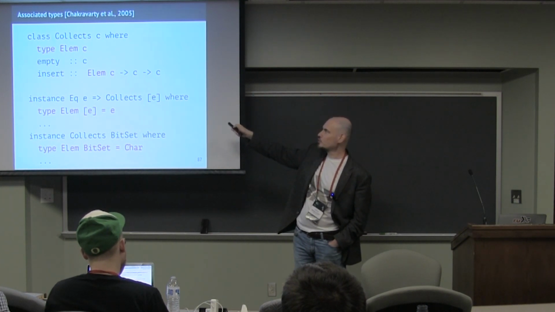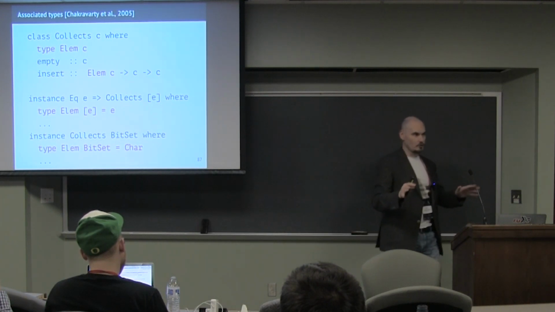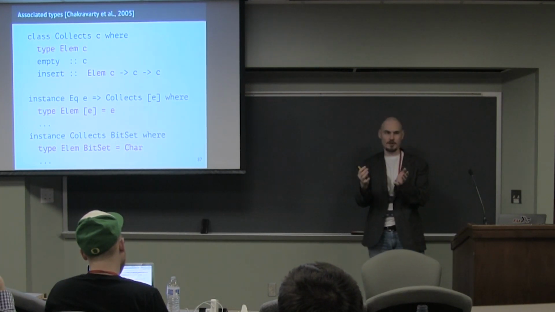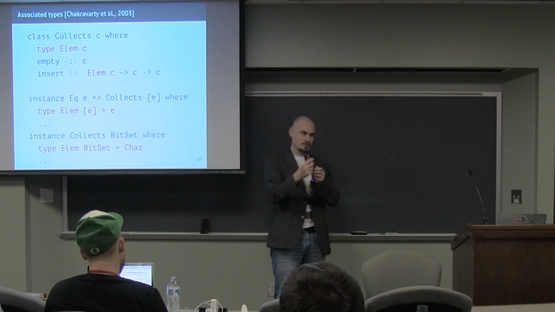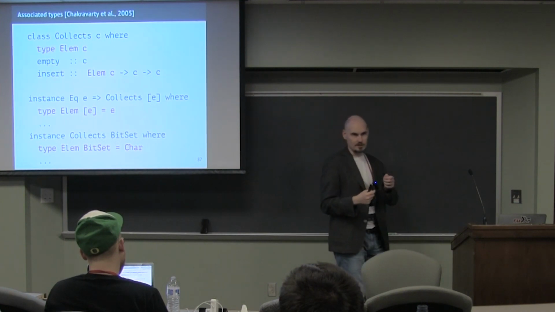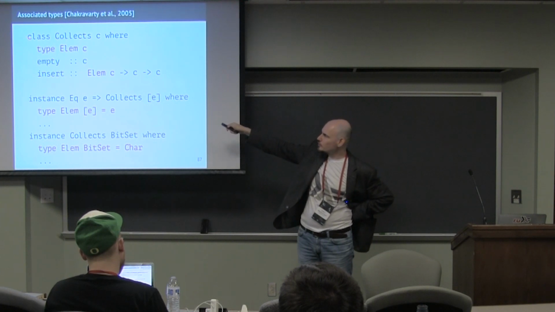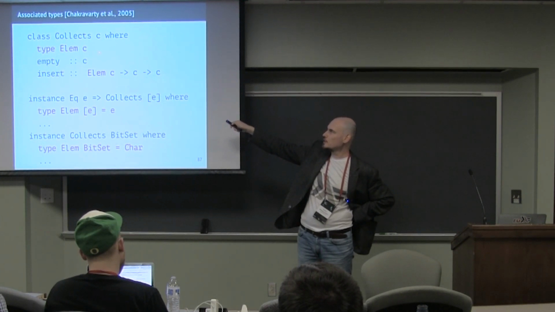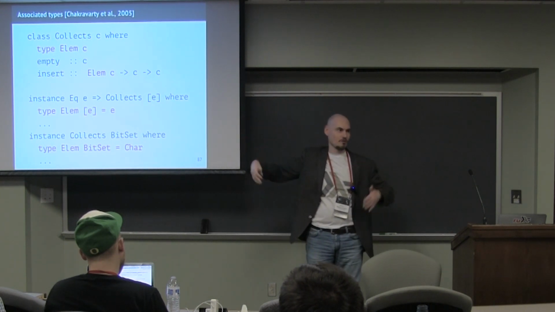For example, you define a type class for a collection, and if you have a collection, then you have a type of element. Associated types give you a type of element which depends on the type of the collection. You can look at this as a function from C, the type of collection, to the type of element. It's like a function over types.